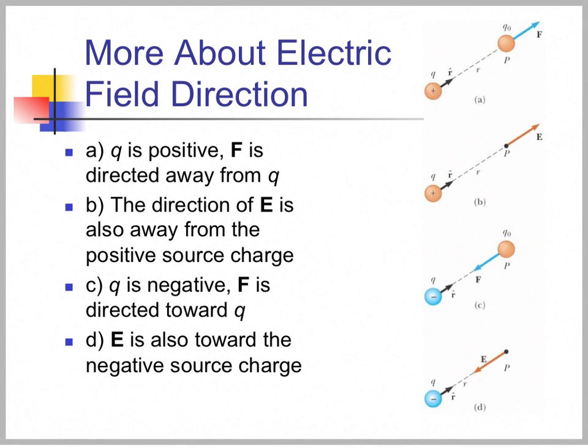In C, of course, if we had a negative charge distribution, that test charge would be attracted towards it, so the force would be towards the source charge. If we take that away at point P, then there is an electric field that points towards the negative source charge. So electric fields point away from positive charges and towards negative charges.